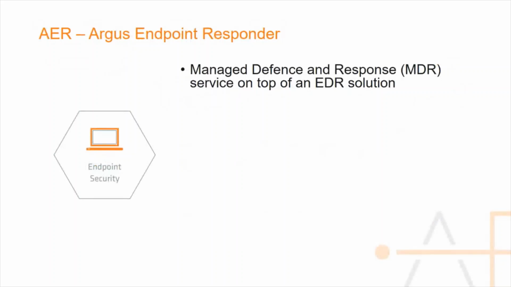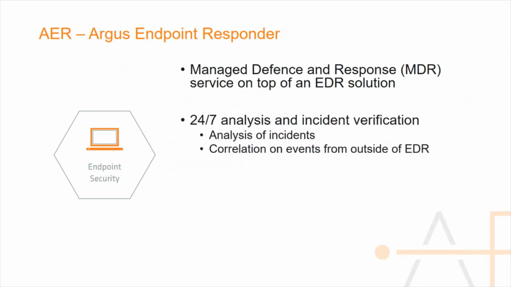So Argus Endpoint Responder is our Mnemonic service offering on top of EDR solutions, and I'll be going through what that includes and entails. The service can be divided roughly into 3 parts: 24/7 analysis and incident verification. We'll do the analysis and we'll do the proper escalation and handling of those alerts.